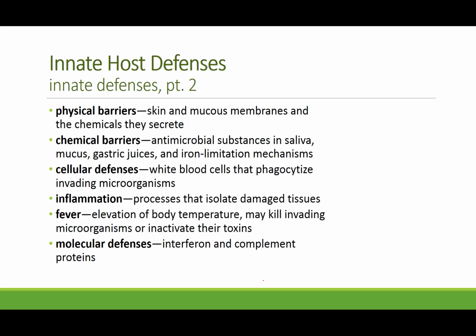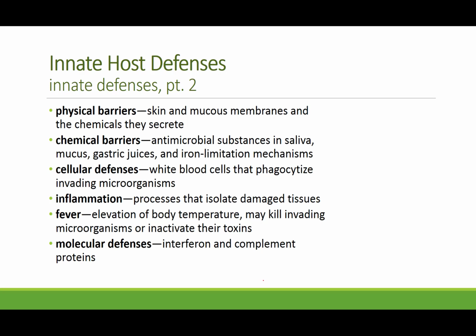So what are some of these innate defenses? Well, there are physical barriers. Our skin, for instance, is a physical barrier that prevents lots and lots of things from getting in, as well as keeping moisture inside the body. So it does a lot of functions for us. So skin is one barrier. Mucous membranes are another.